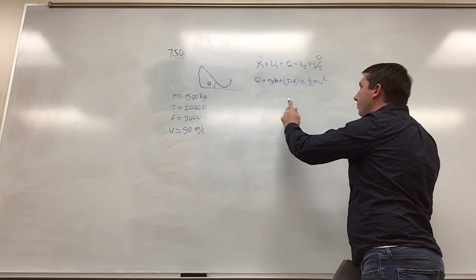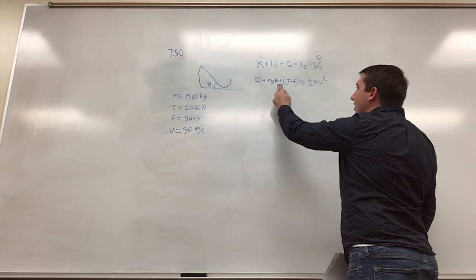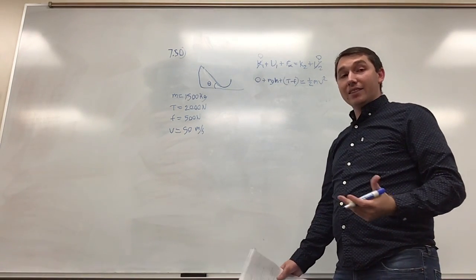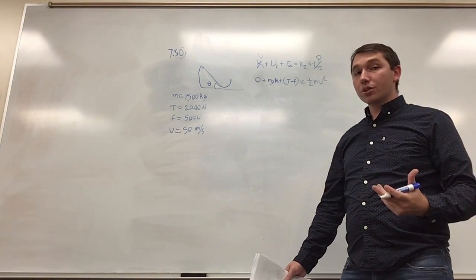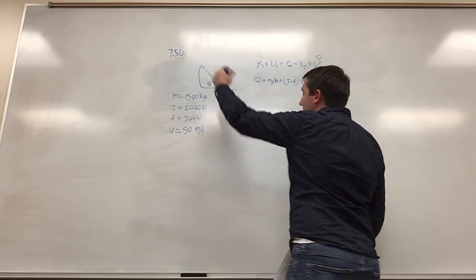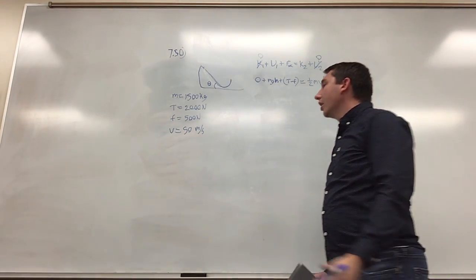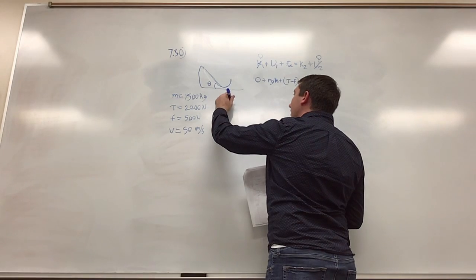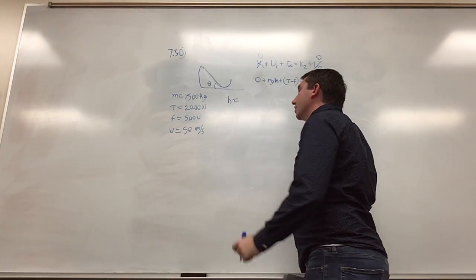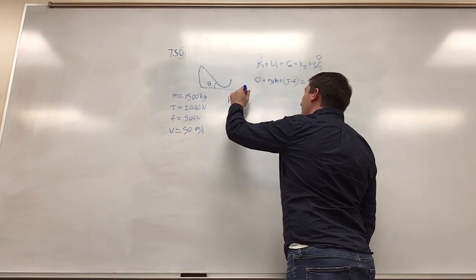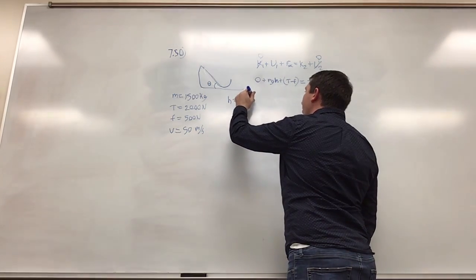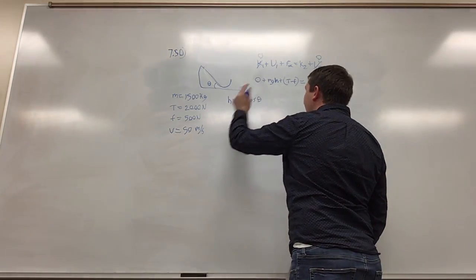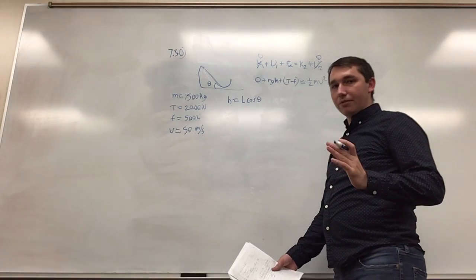So we know everything except for the height. The height isn't what we're looking for, though. What we're looking for is the length up the ramp that it has to start. So we know that the height is going to correspond to a length times cosine of theta, the angle of the ramp.